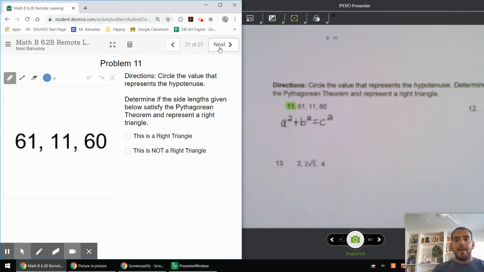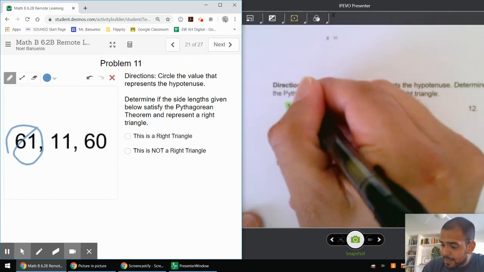Now, in a right triangle, the hypotenuse is always the biggest side length. So it's always important to identify the hypotenuse. The biggest one here out of these 3 side lengths is 61. Okay? So 61 is the largest.